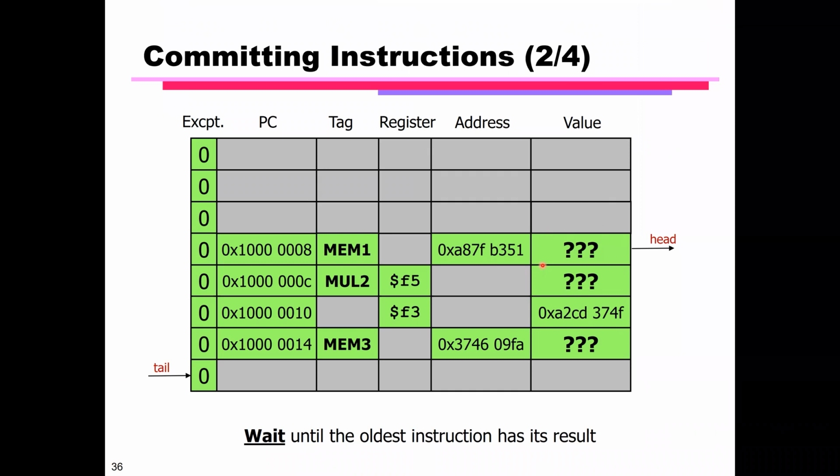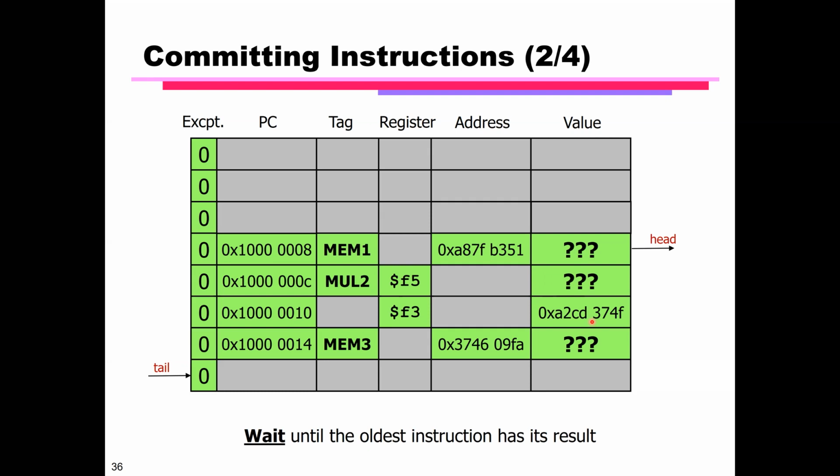So I'm waiting for this value to arrive, and therefore I do simply nothing because I have to write the state in order. So even if there is here later an instruction that has already been executed, I know that eventually F3 will contain this value. I am not putting this value now because, again, I want to lie and give the impression that I'm doing things in order.